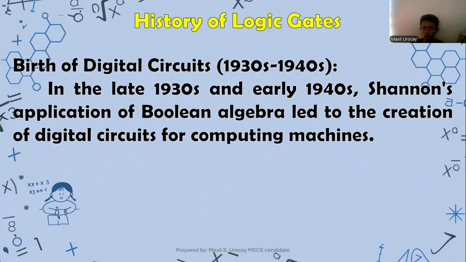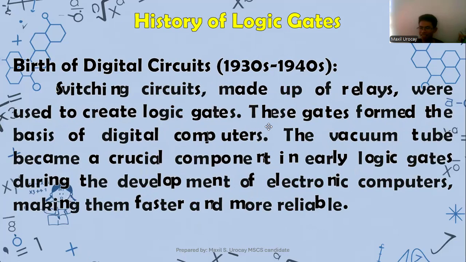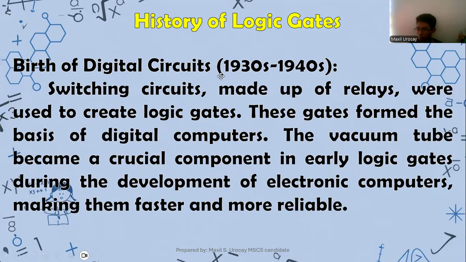Switching circuits made up of relays were used to create logic gates, and those gates formed the basis of vacuum tubes.